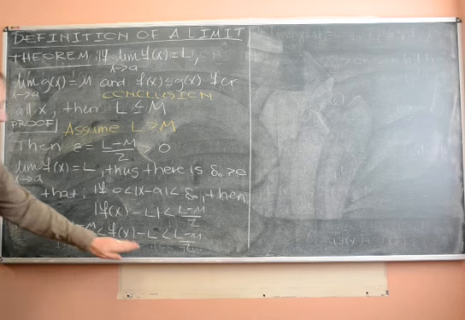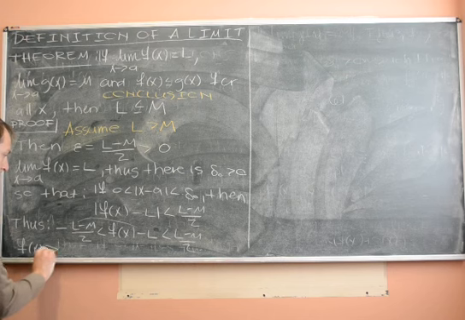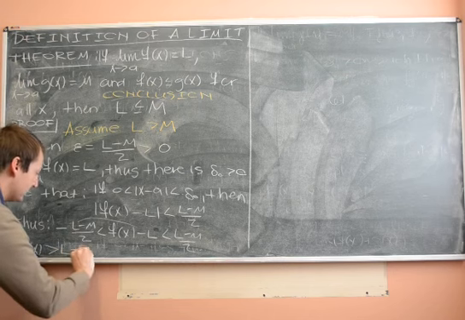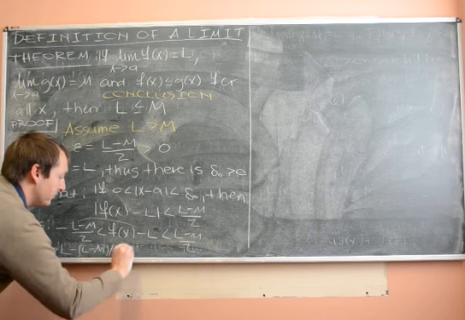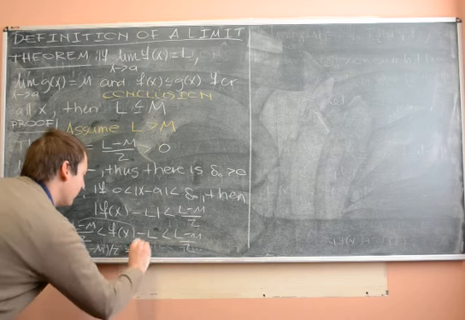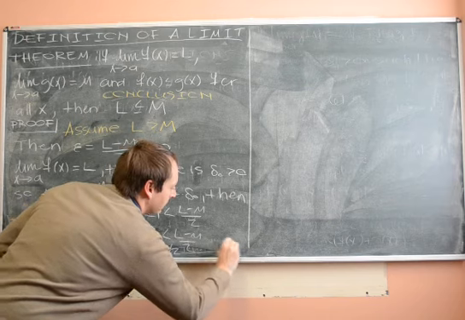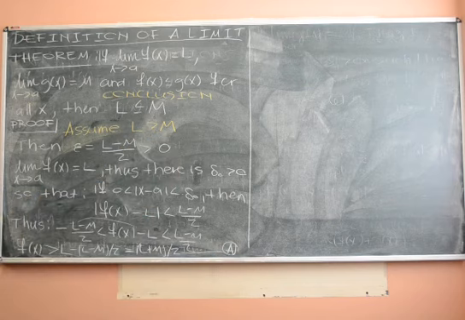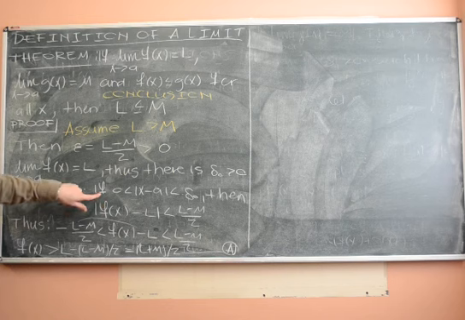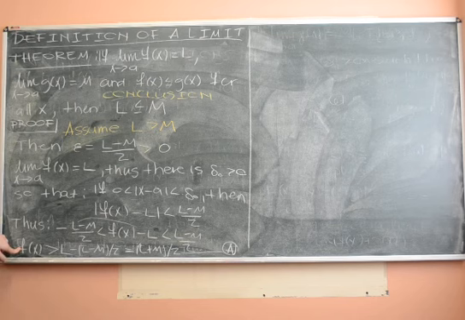If we just look at this side of the inequality, we see that f of x is bigger than L minus (L minus M) over 2, and if you do the calculation, this is the same as L plus M over 2. Let's call that A. So if absolute value of x minus a is between 0 and delta 0, then f of x is bigger than L plus M over 2.